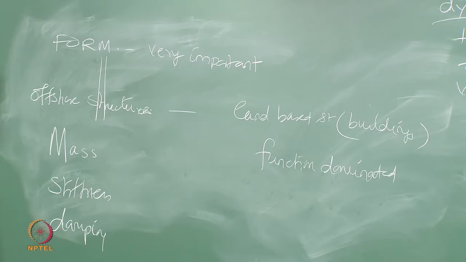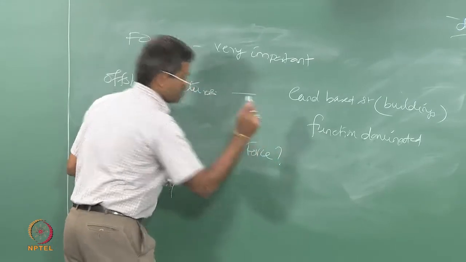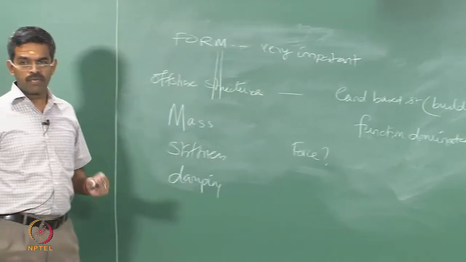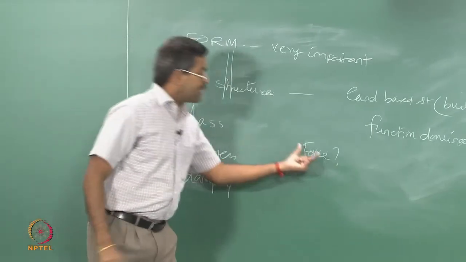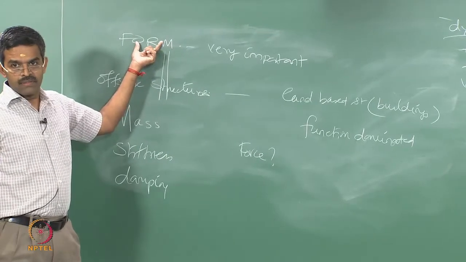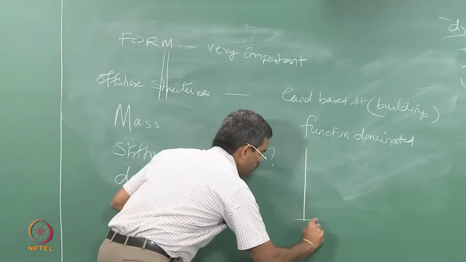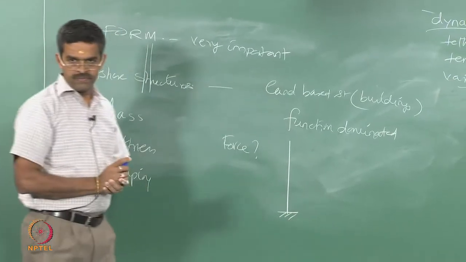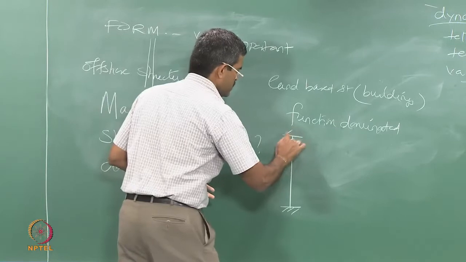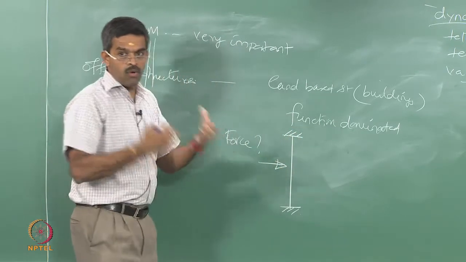One can say, what about the force? That is an interesting question, because the force attracted based on the form is also challenging. I will tell you why. If a pole is fixed, maybe even at both the ends, it will have a tendency to attract more forces.